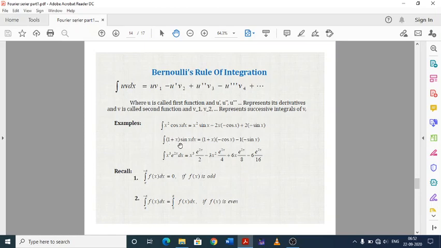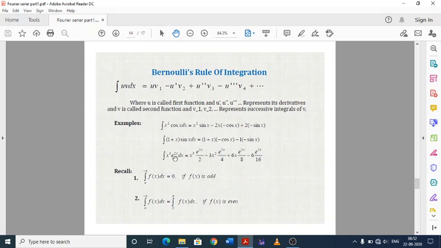So this will be the first function and this the second function. Applying Bernoulli's rule, you get the first function into the integral of the second function. The integral of sin x you get minus cos x, minus the derivative of the first function, you get 1, into again the integral of minus cos x, that is minus sin x. The next step you get 0. So we have to stop here.